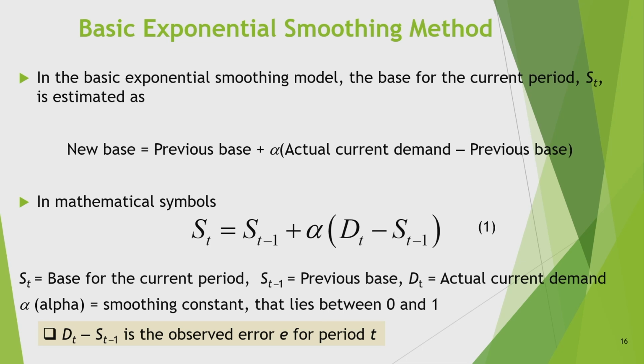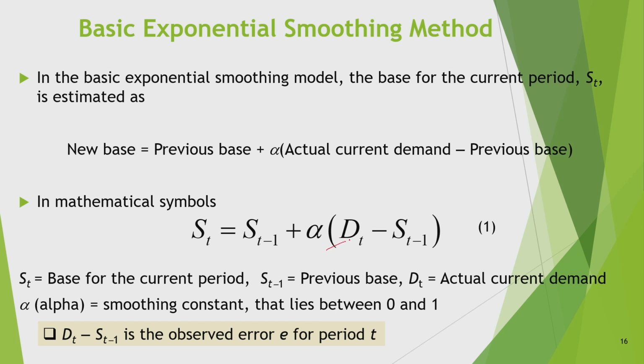So, in mathematical symbols, we can say S_t = S_(t-1) + alpha (d_t - S_(t-1)). S_t is the base for the current period, S_(t-1) is the previous base, d_t is the actual current demand, and alpha is called the smoothing constant that lies between 0 and 1. d_t minus S_(t-1) is the observed error for period t.